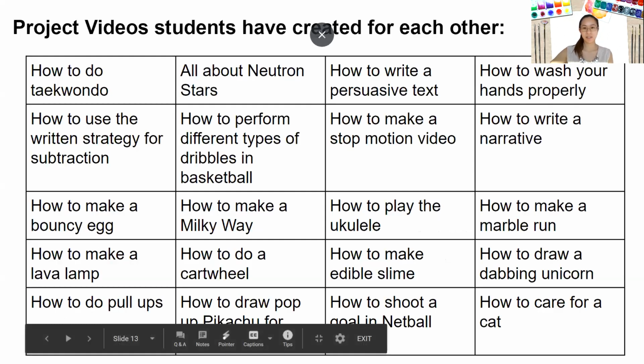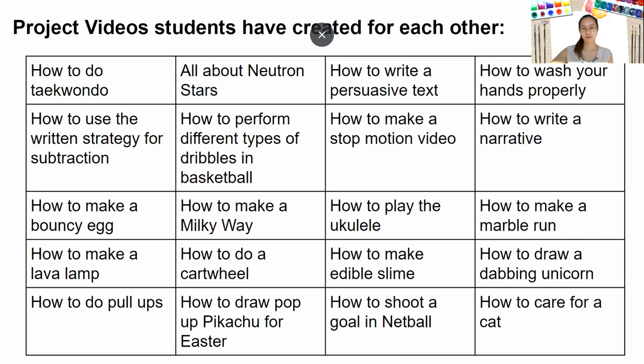So these were some project videos that my students created for each other. So I put this here so that you can also get an idea of what students can create.